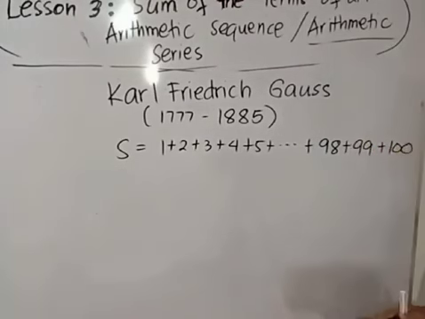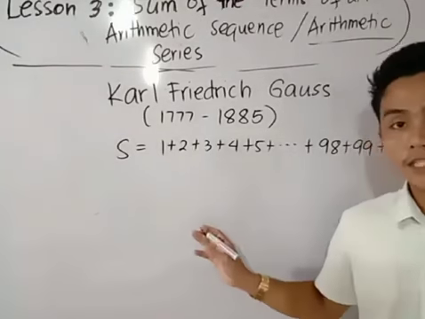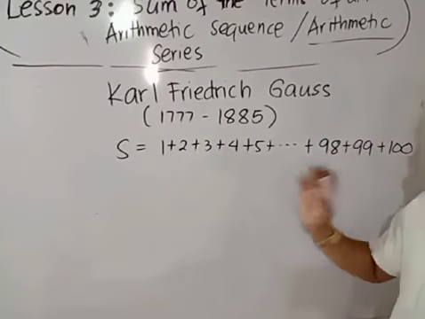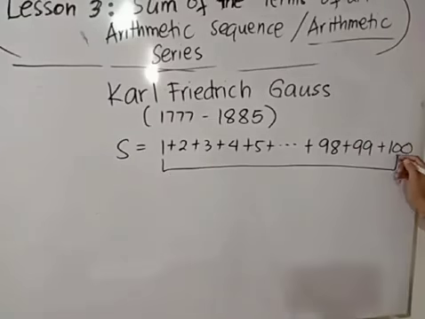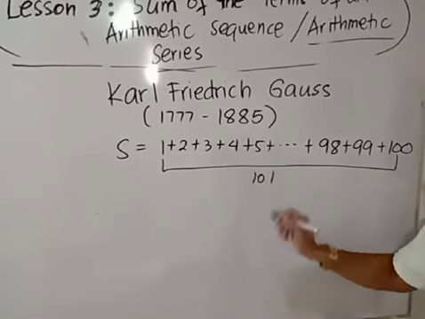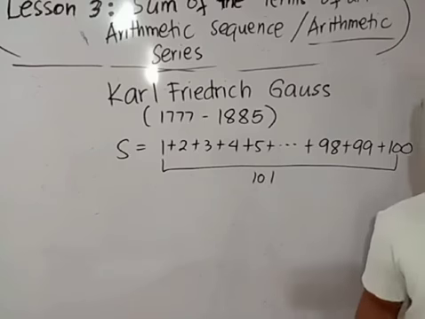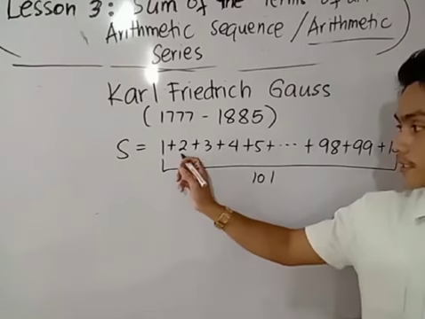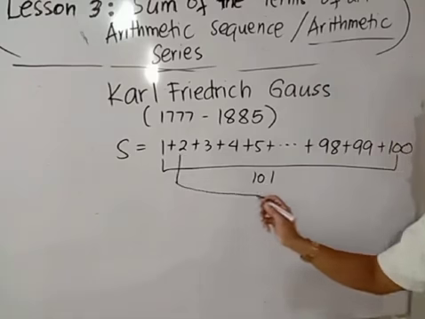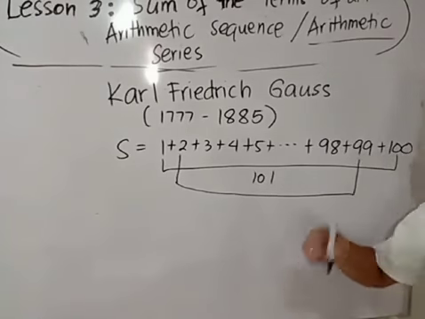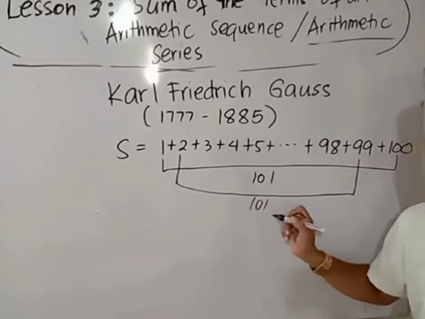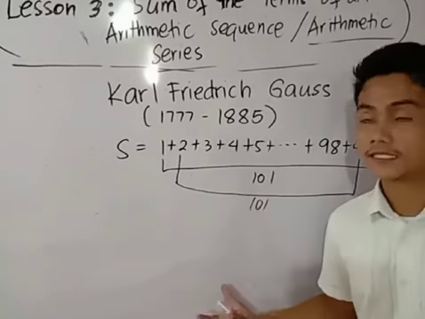Gauss solved this by observation, analyzing that the sum of the first and the last number is 101. 1 plus 100 is 101. The second number and the second to the last number also have a sum of 101. So it's like pairing.